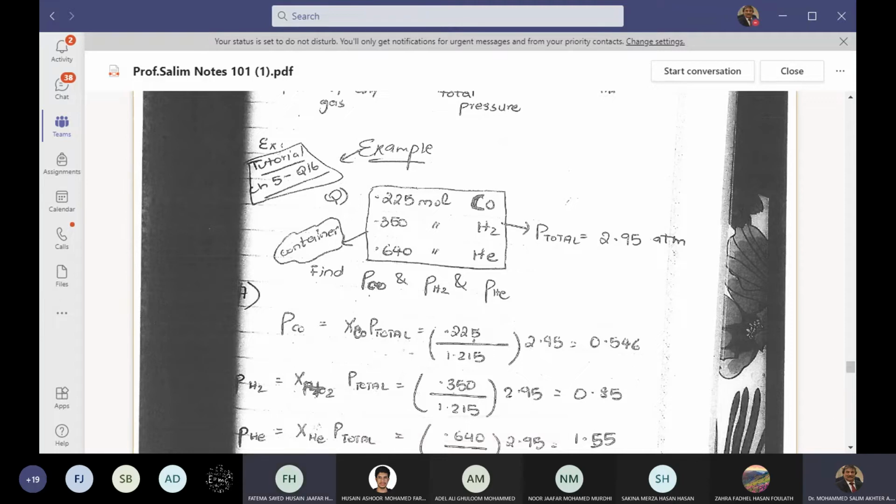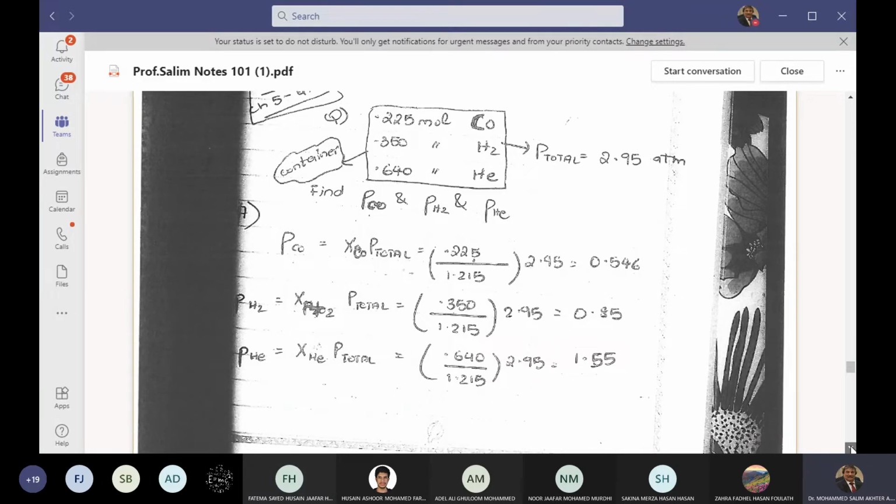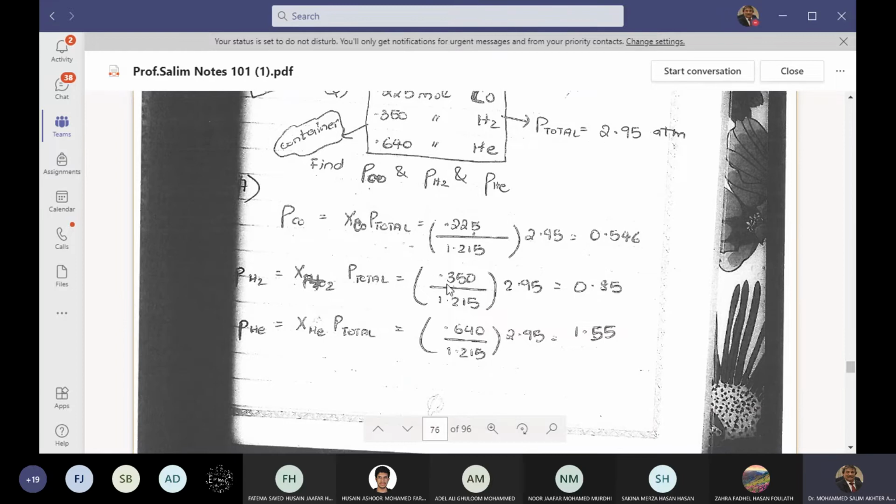Yes, doctor. Can you check the other two? 3.350 over 1.215 multiplied by 2.95. Similarly, are these two numbers correct or no? Also correct. So if I add them together, what will be the number?